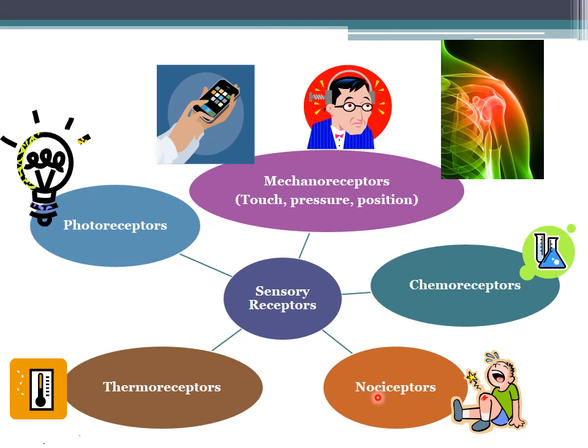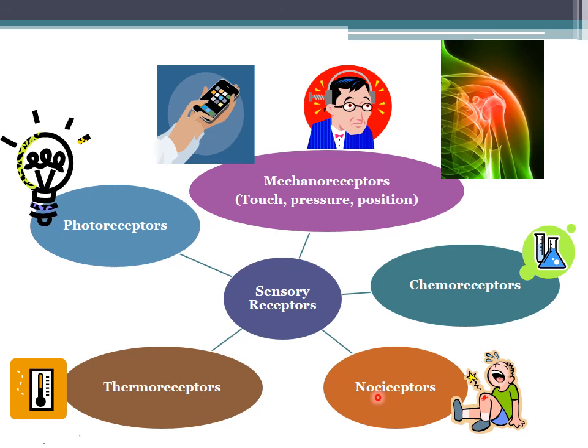Now, nociceptors are also unique because they're going to co-release the neurotransmitter glutamate and a neuropeptide called substance P when they send their information to the central nervous system.